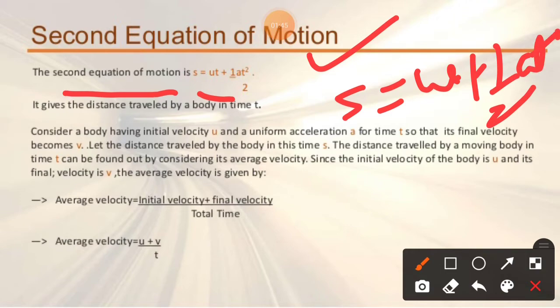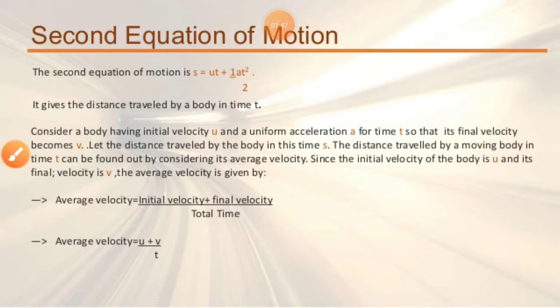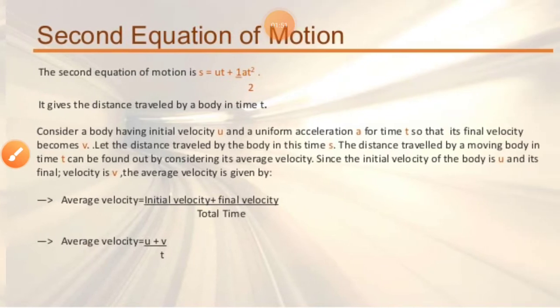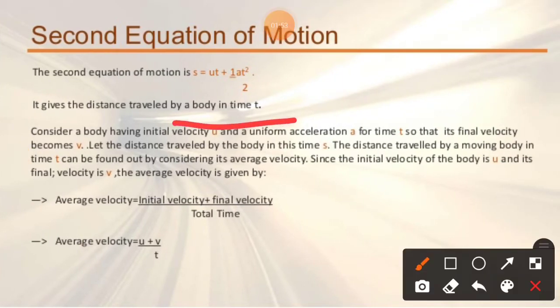This is the second equation of motion. It gives the distance traveled by a body in time t. The first equation of motion gives the velocity acquired by time t. Now the second equation of motion gives the distance traveled by a body in time t.